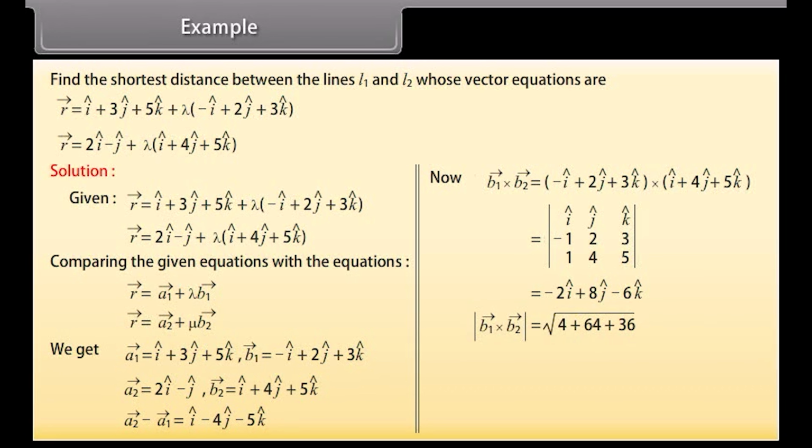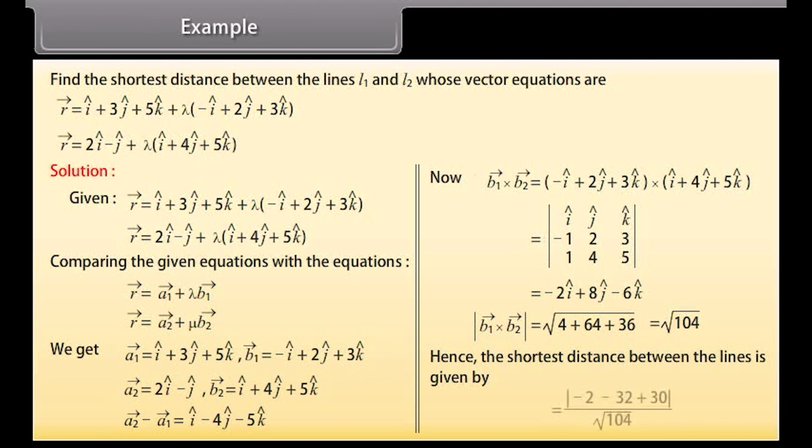Modulus of cross product of b1 and b2 equals square root of 4 plus 64 plus 36, equals square root of 104. Hence, the shortest distance between the lines is given by modulus of (minus 2 minus 32 plus 30) divided by square root of 104, equals 4 by square root of 104.